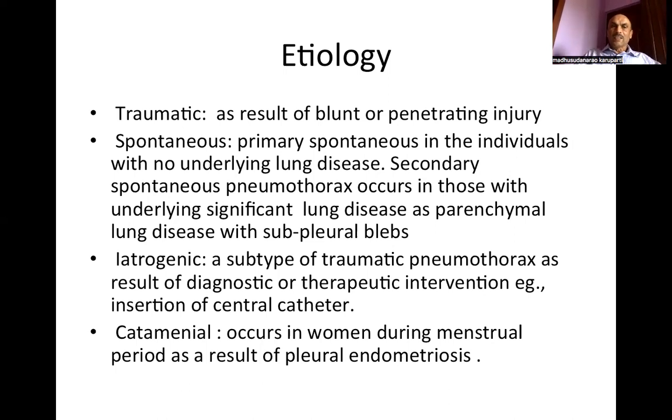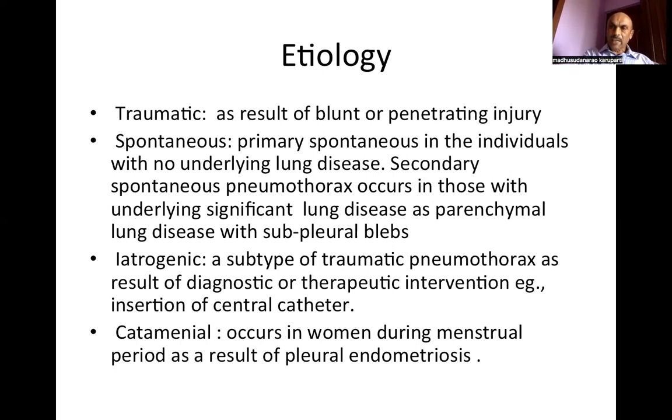Etiology. As I told you, it could be traumatic, it could be iatrogenic. Another one is it could be catamenial, or it could be spontaneous. Right? Traumatic is the most common type of pneumothorax. It is the result of blunt or penetrating injury to the chest wall. It could be a gunshot injury.